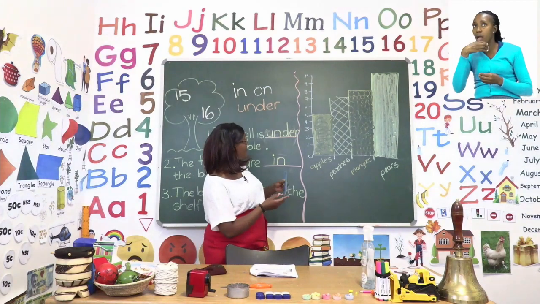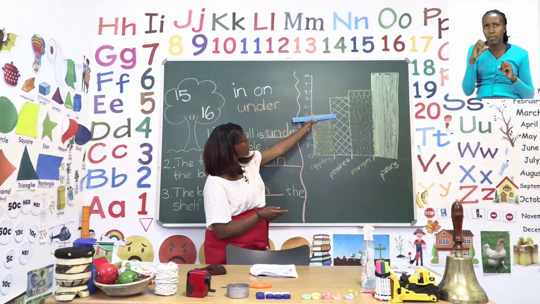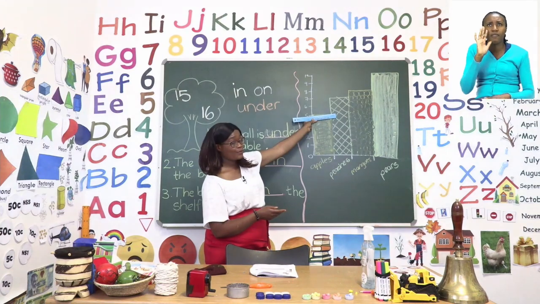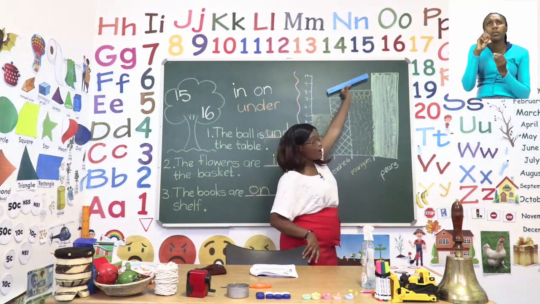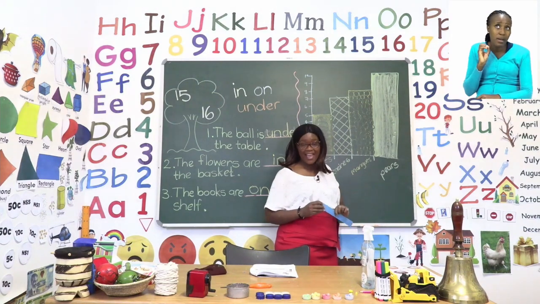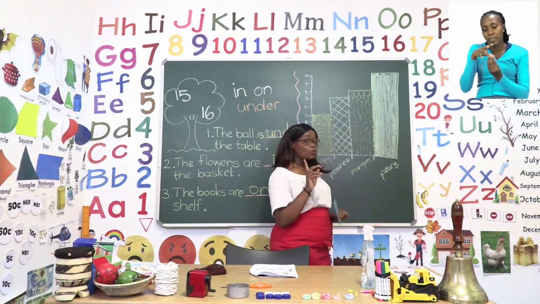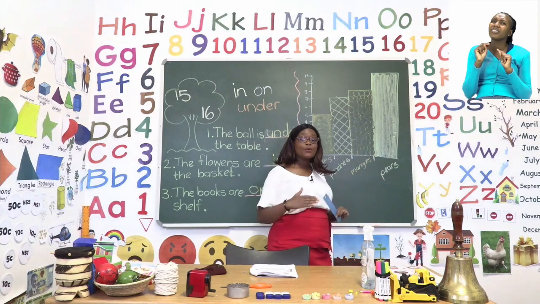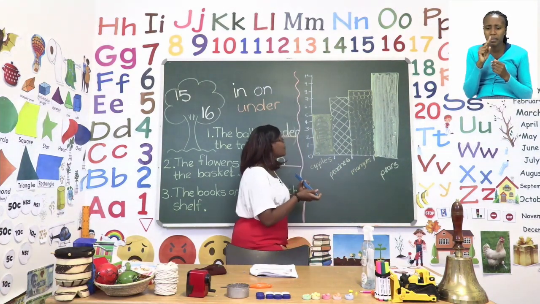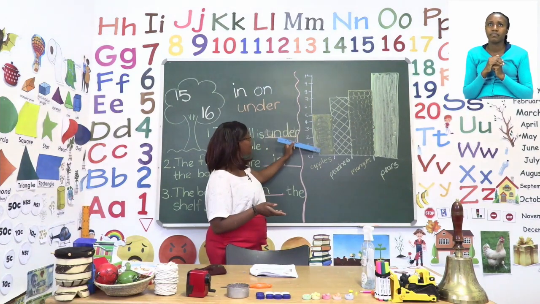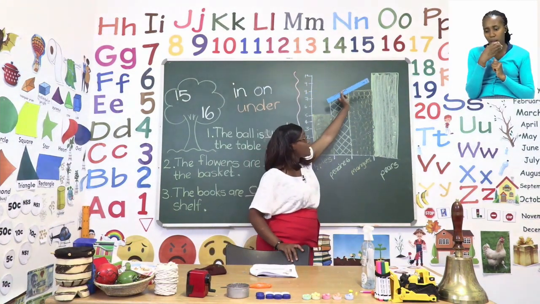Let's take a look at our apples. We know that there are 5 apples. And then we also know that there are 10 pears. So, in order to find out how many more there are, we need to count from the number 5 for the apples going to the number of the pears.